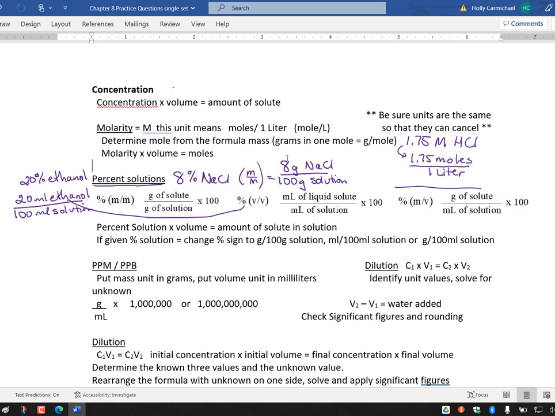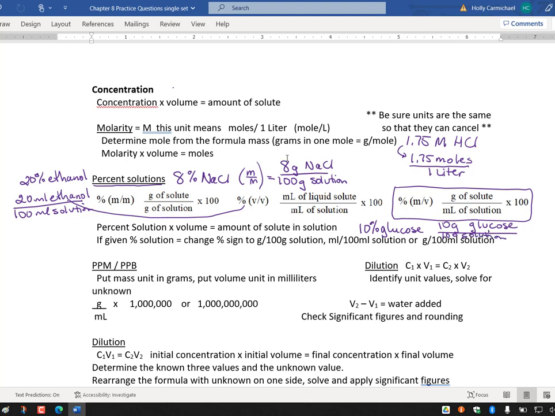Now, I will tell you the most common one that we use is the mass to volume, because mass is like the grams of some solid dissolved in the solvent of water. So if you make up a 10% glucose solution, and it is mass to volume, that means that you put 10 grams of glucose per 100 mils of the solution.